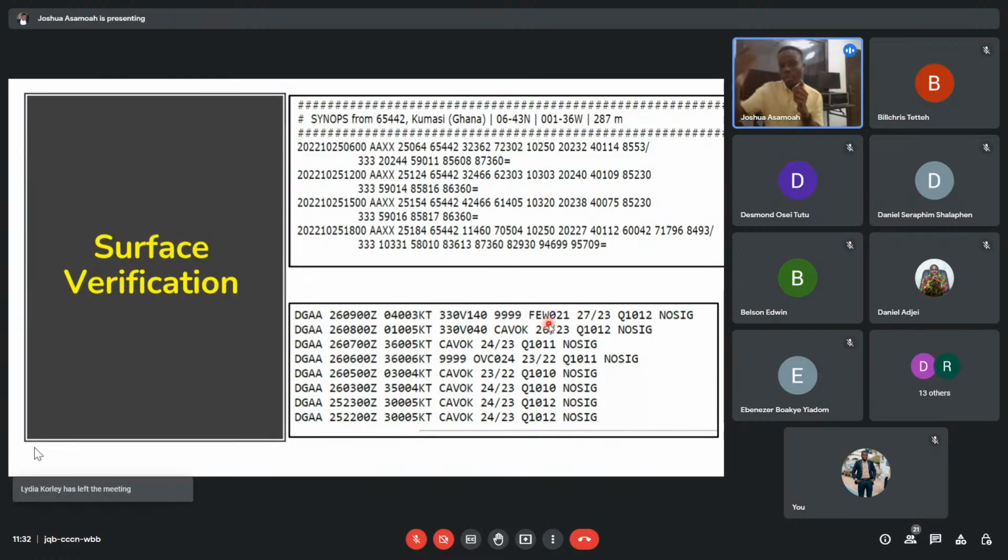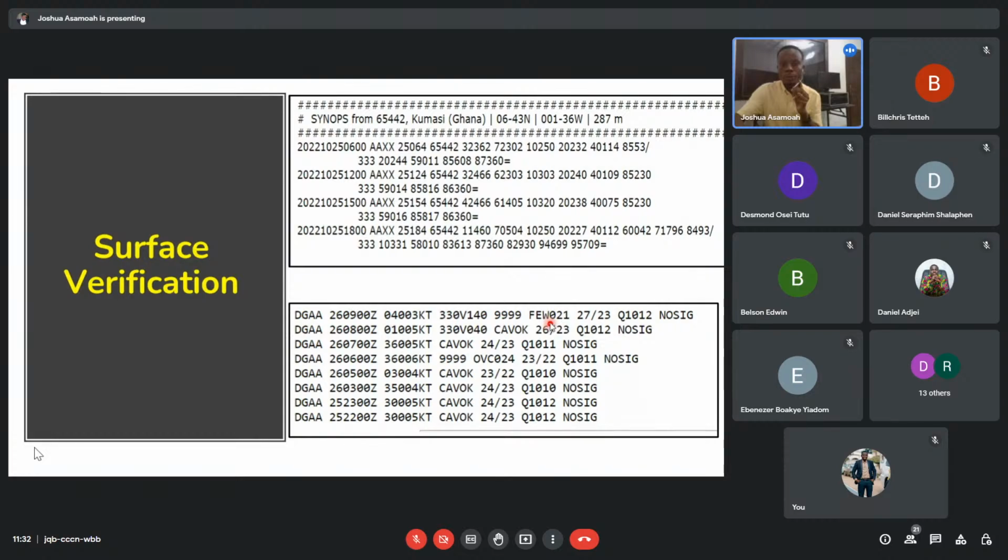Those are all indicators of the amount of cloud in the atmosphere. Few means there's just 1 to 2 oktas of the sky covered by clouds. If you have scattered, SCT, it means there's 3 to 4 oktas covered by clouds. If you have 5 to 7 oktas covered by clouds, that is broken, BKN. And then once the whole sky is covered, it becomes overcast, OVC, 8 oktas.